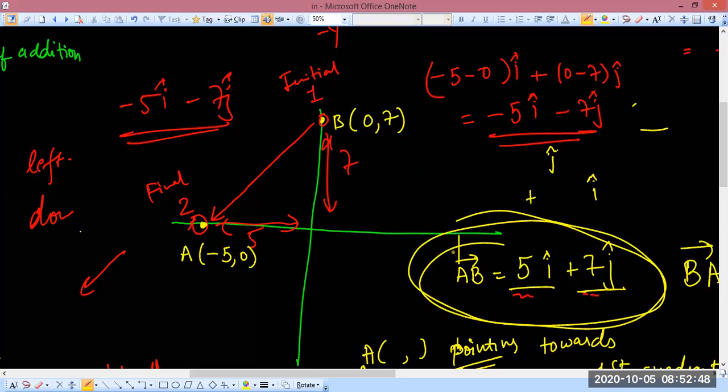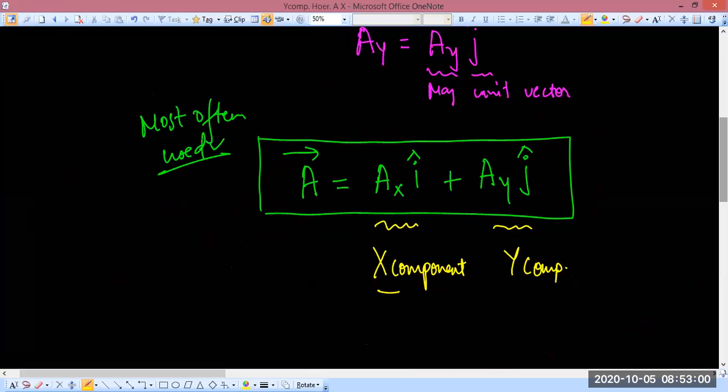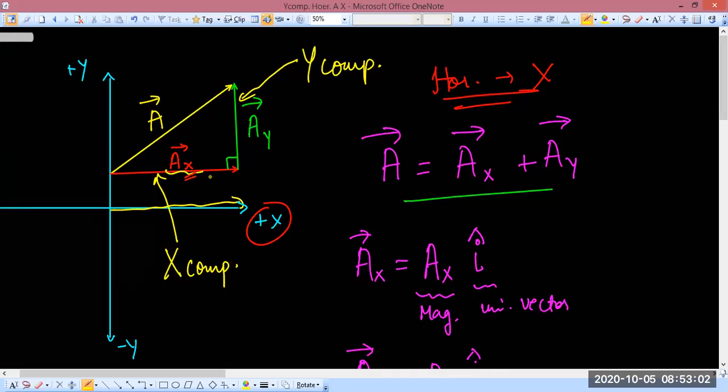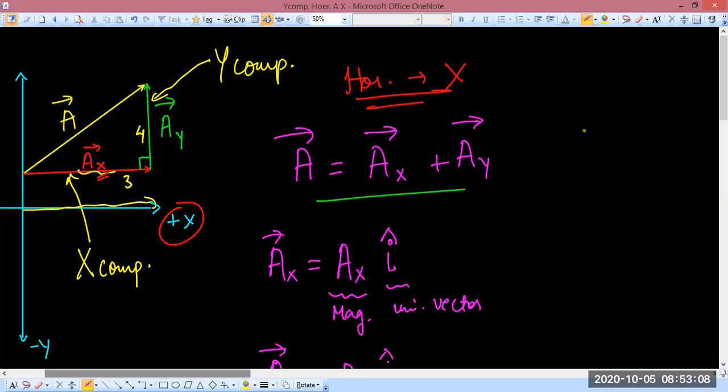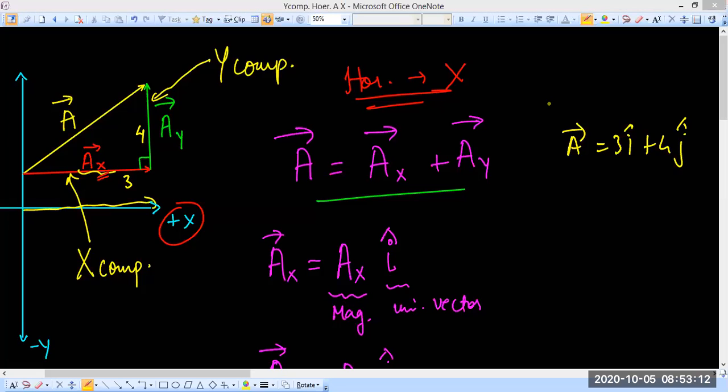Haven't we been writing it like that? Right? I hope you are seeing it. So it's just that, suppose, let's say this was 3 and this was 4, then this whole thing would become a vector equal to 3i caret plus 4j caret. Easy, right?